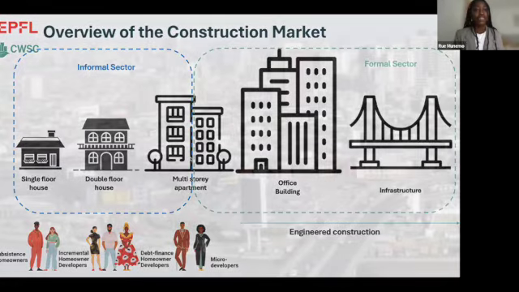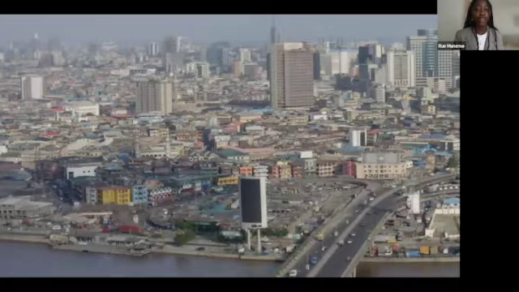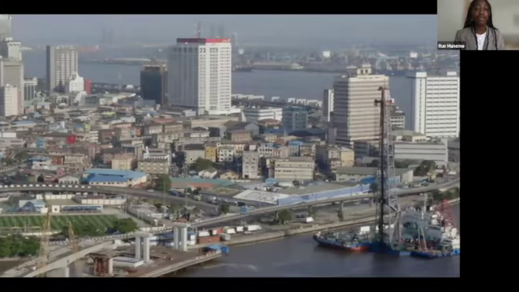And then we can look at the skyline of a city like Lagos in Nigeria, where you can see all these different styles of construction, where you can see the big, massive projects as well as the small buildings right here up front, and the massive infrastructure development that is continuing as we go on.